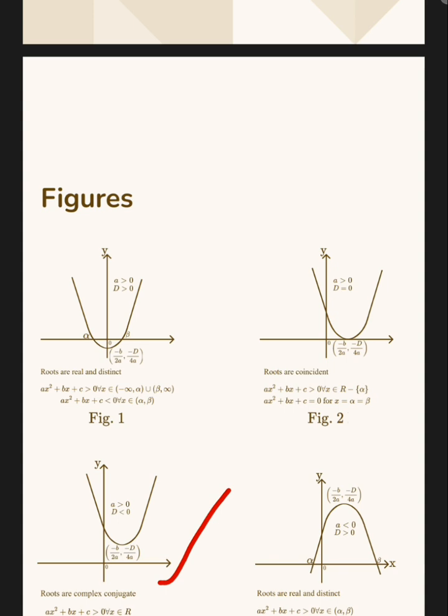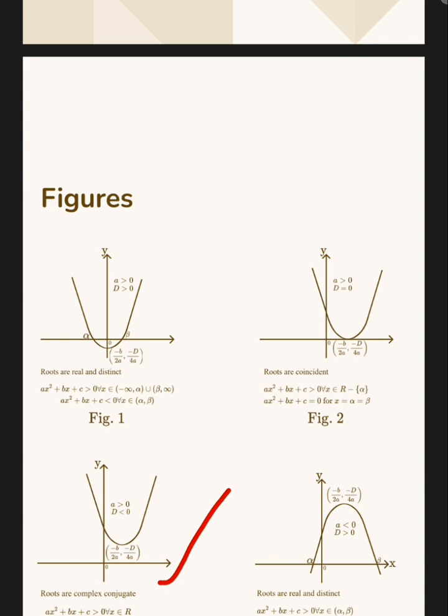Now in case 2, if a is less than 0, the quadratic equation is ax square plus bx plus c equals 0. If a is less than 0, then still three cases arise.